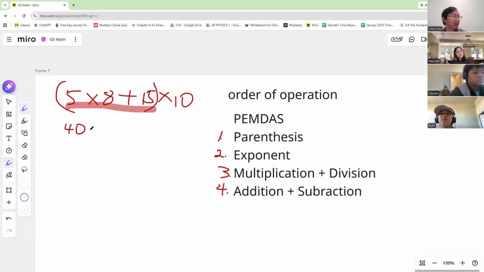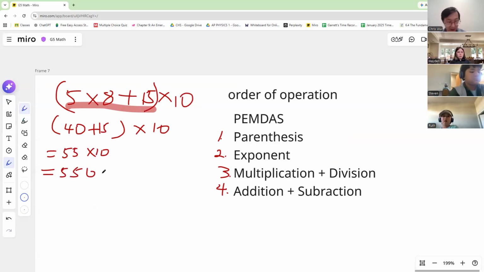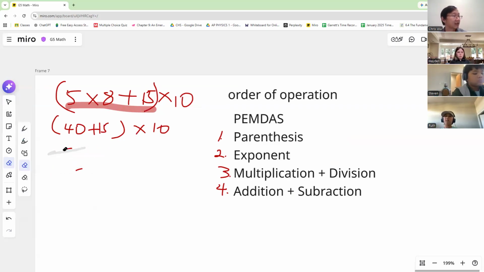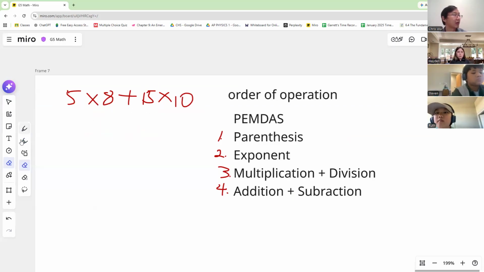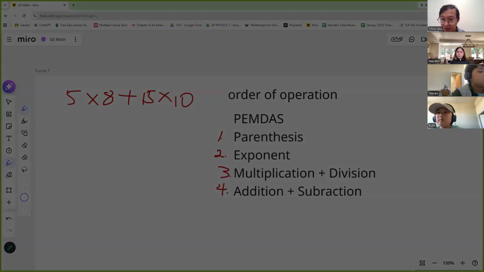So 40 and then plus 15 in the parentheses times 10, and that will be 55 times 10 to be equal to 550, right? So therefore, because I didn't have a parentheses, that's not the same operation. We gotta do this first before I do the addition. So that's a bit tricky, but nonetheless, let me paste a more complete picture of this.